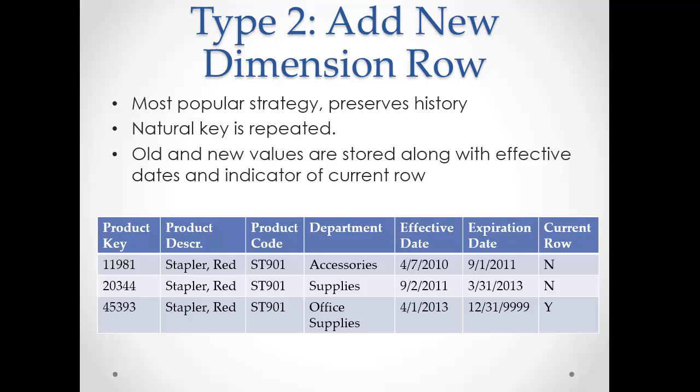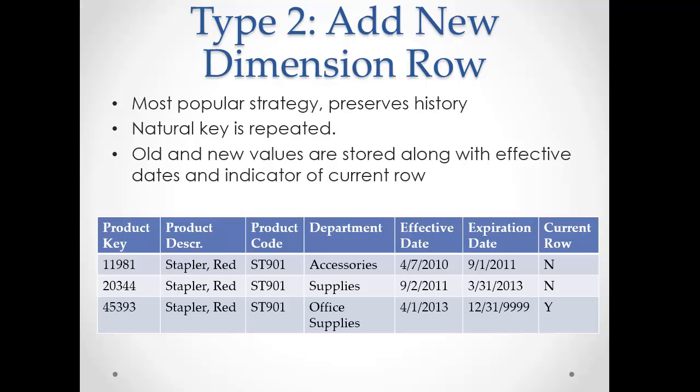For example, I have red stapler in there 3 times. One time it was an accessory, the next time it was a supply, and the third time it's an office supply. So I've changed the category of the red stapler 3 times.